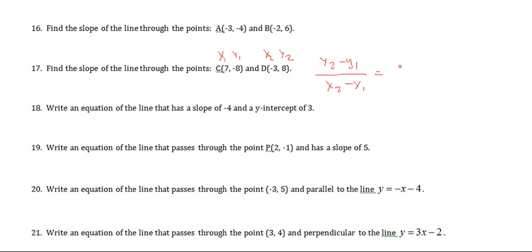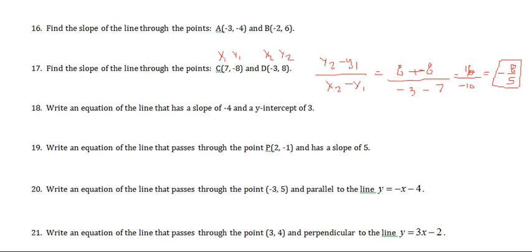So I'm going to get 8 minus negative 8 over negative 3 minus 7, which is going to give me, double negatives become a positive, 16 over negative 10. Can simplify, goes a 2 in both, which is going to give me negative 8 over 5. And again, we can keep it as an improper fraction. We like slope like that because remember our rise over run.